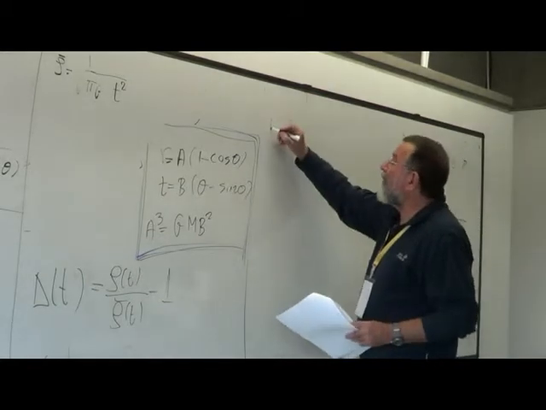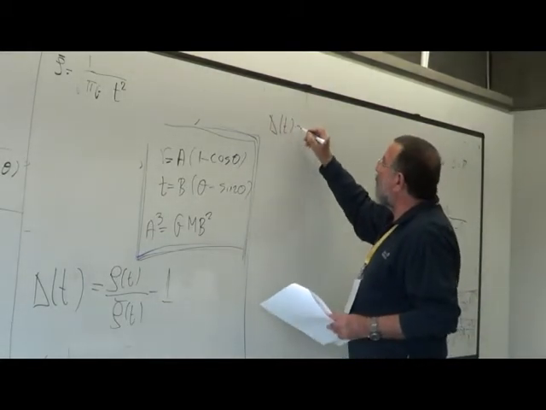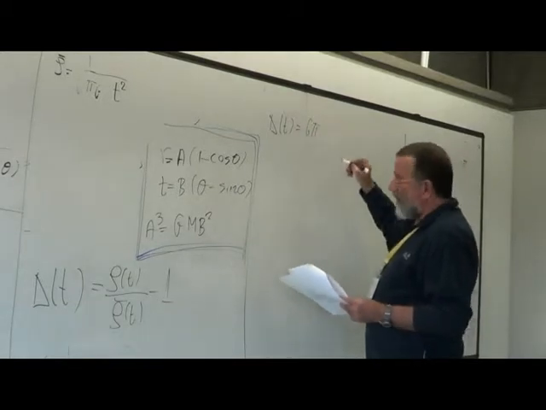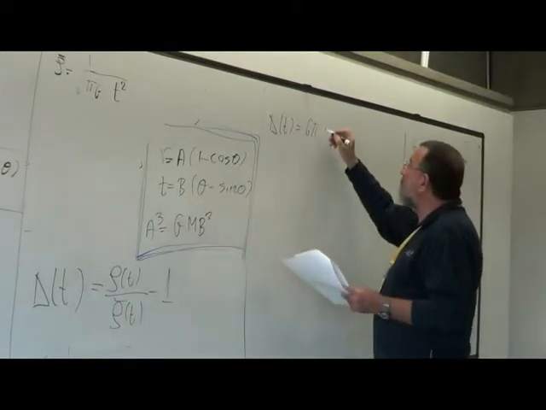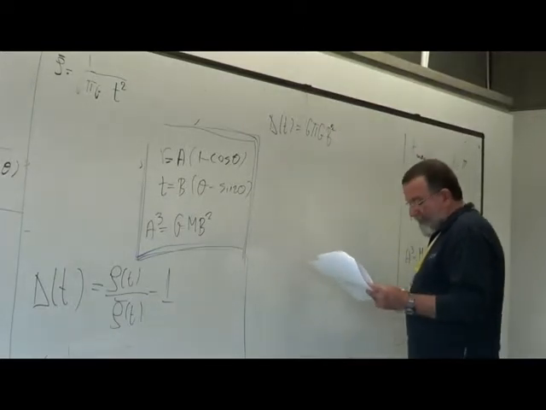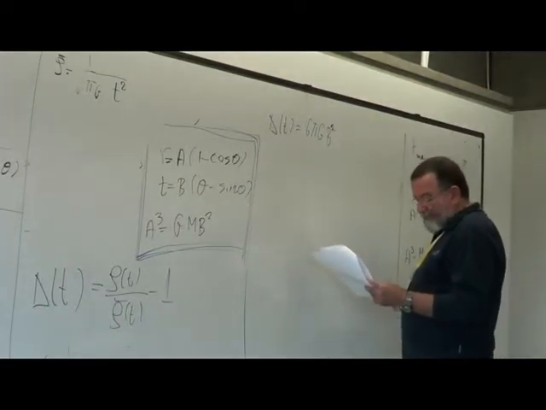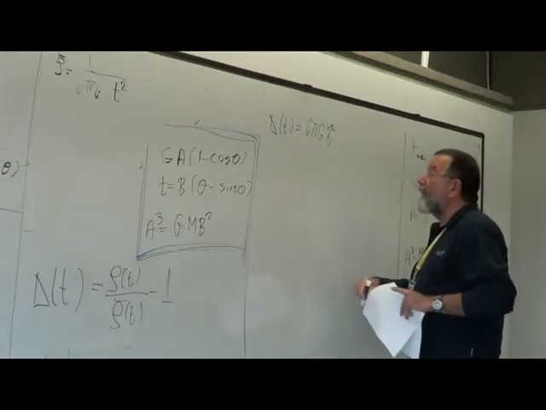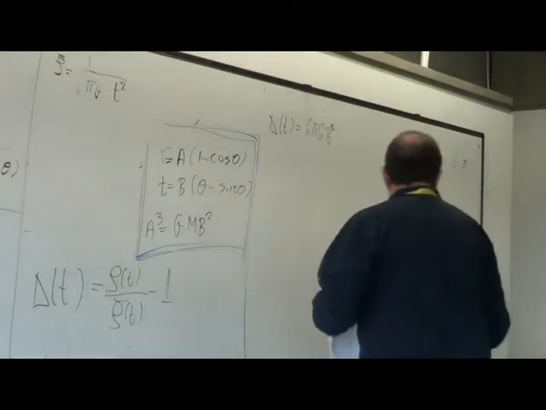Okay, so what we have here at the end, delta of t is 6 pi times G b squared. Sorry, I missed the term here.